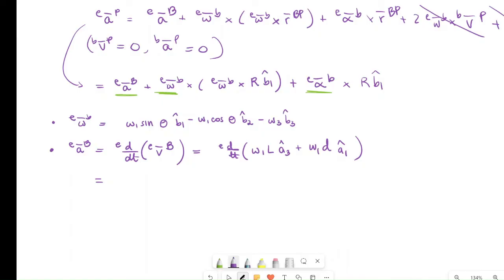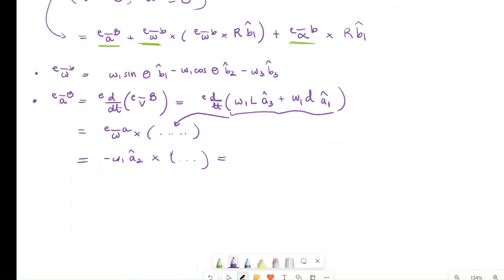And that should give us, so omega A and E was negative omega 1 A2 hat, crossed with this. And that will give us omega 1 squared L A1 hat.